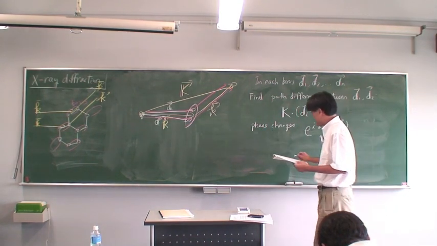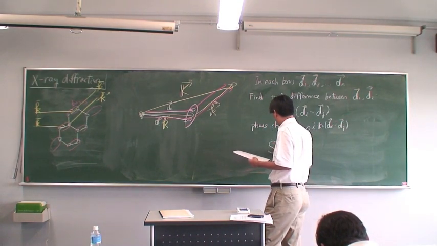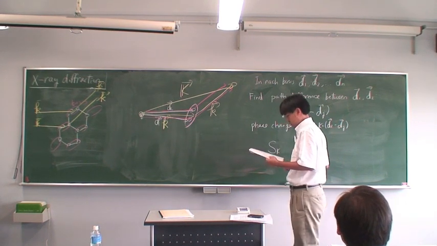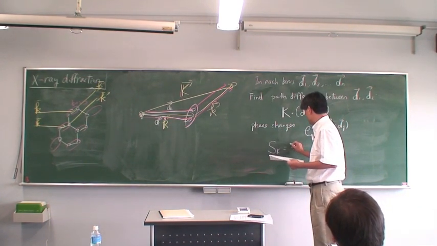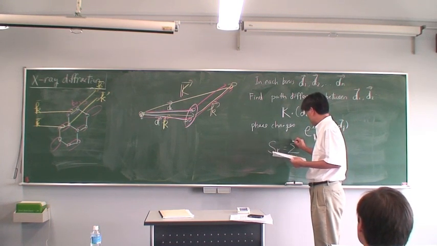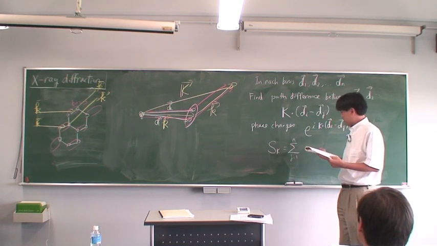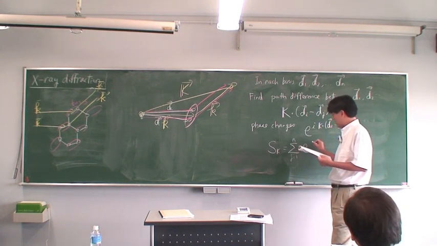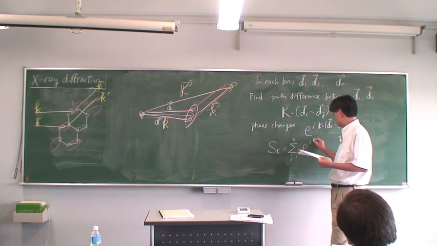So in a real X-ray, we define the so-called S sub k, which is the sum over basis j equals 1 to n of exponential i k dot dj.